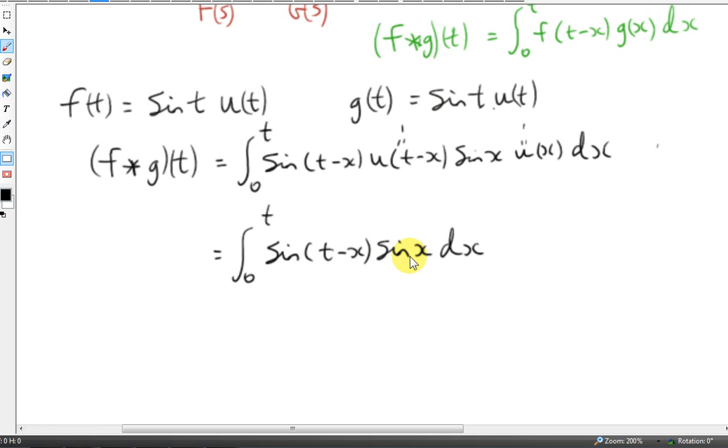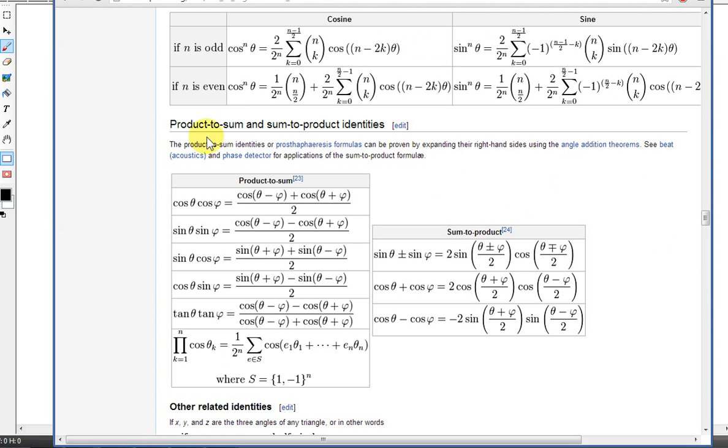Now we have a product of sine functions in this integral, and what we can do is write it as a sum by looking up an identity for it. So we want a product of the form sine times sine. If you go to Wikipedia and type in trigonometric identities, you'll find this one here. We have cos of the difference in the angles, first angle minus second, minus cos of the sum of the angles, all divided by 2.